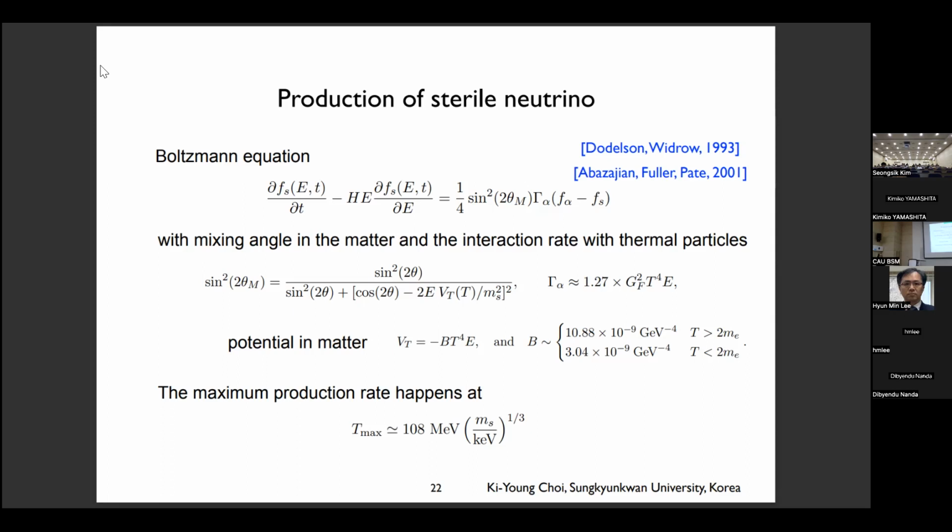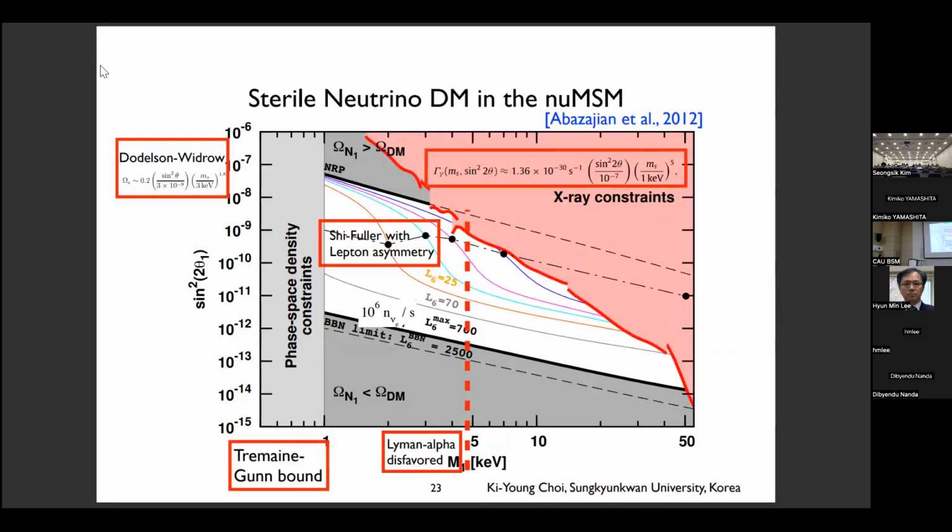At this temperature, most of them are produced. Below this temperature, the production also becomes less and less. So anyway, people usually show this kind of plot for the sterile neutrino as dark matter. This is the mass of the sterile neutrino around 1 keV, 5 keV, some 10 keV. And this is the mixing angle sin squared 2θ.